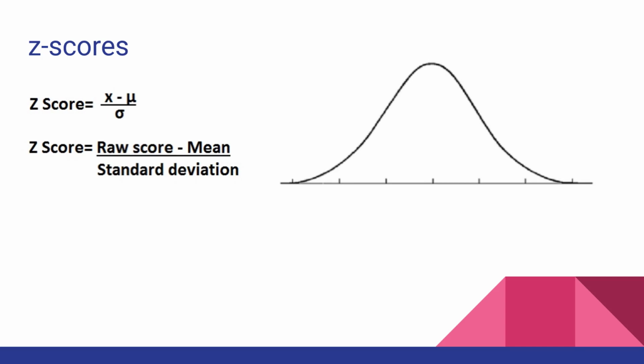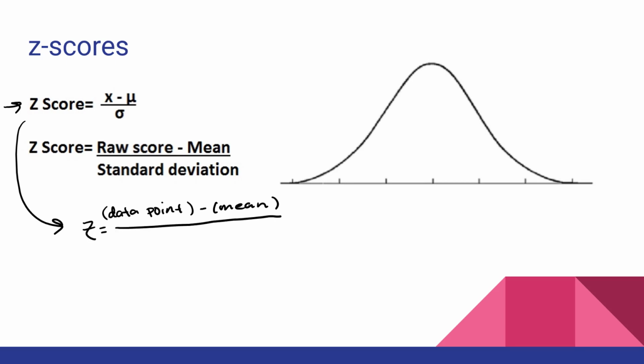So the formula for it is up here, and if you want me to write it in more human terms, that would be your z is equal to your data point, so this could be the Hulk's strength, minus the mean, so that would be the average human strength, over sigma, the standard deviation of the population. So the standard deviation of human strength. And then we get some number out of there.